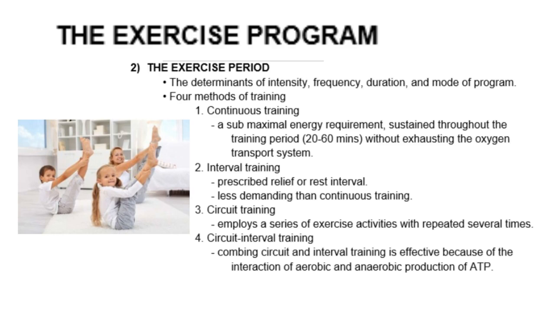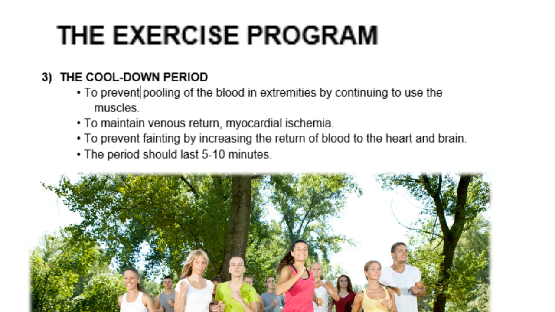Circuit training: employs a series of exercise activities repeated several times. Circuit interval training: combining circuit and interval training is effective because of the interaction of aerobic and anaerobic production of ATP.